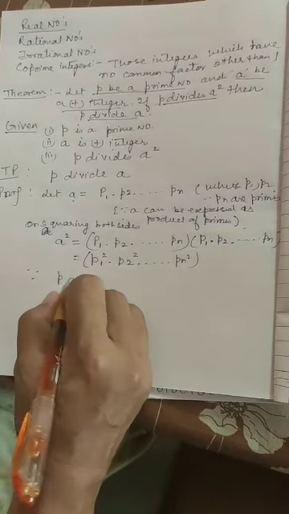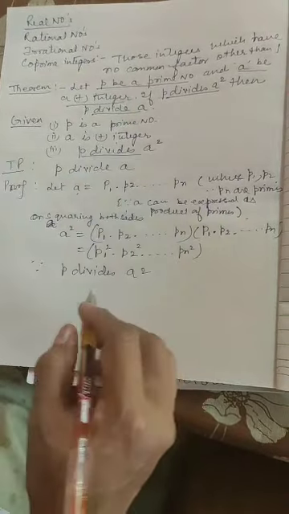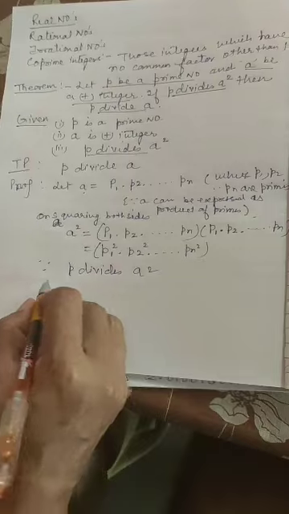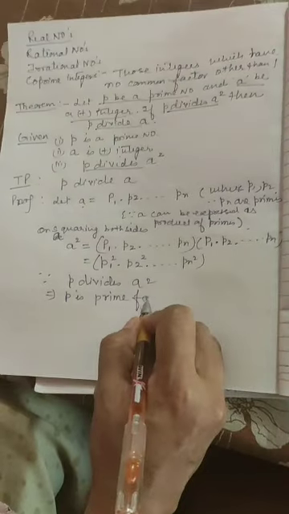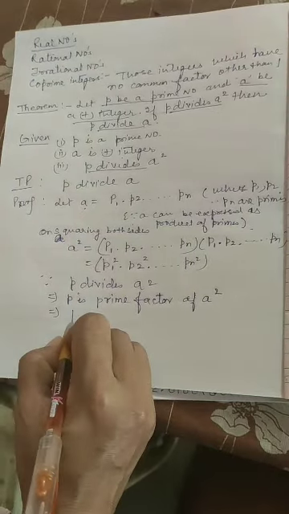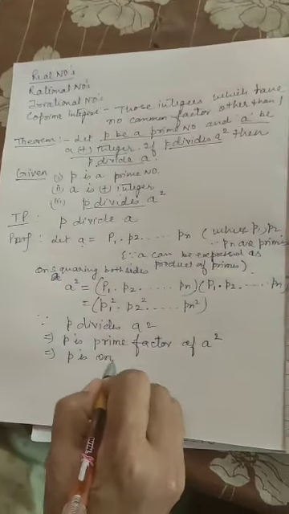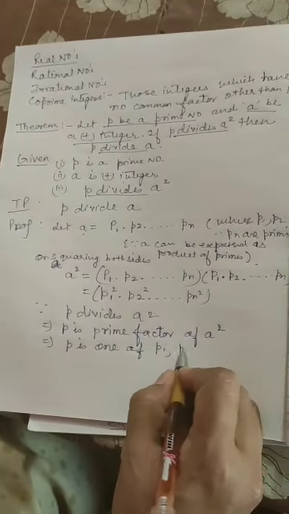Since p divides a square, you can see, children, it's given p divides a square. So it implies p is a prime factor of a square. So this implies p is one of p1, p2, pn.